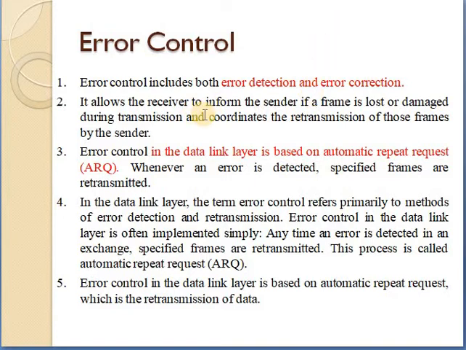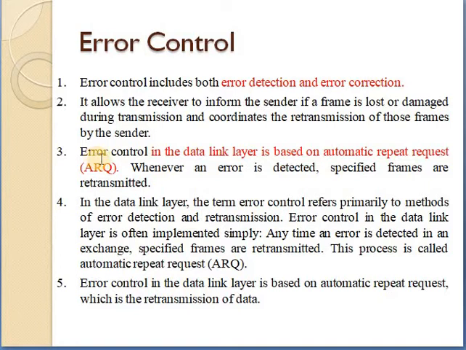It allows the receiver to inform the sender if a frame is lost or damaged during transmission and coordinates the retransmission of those frames by the sender. Suppose at the receiver side any frame is lost or damaged during transmission, at that time the receiver coordinates with the sender to retransmit the frames which were lost or damaged.